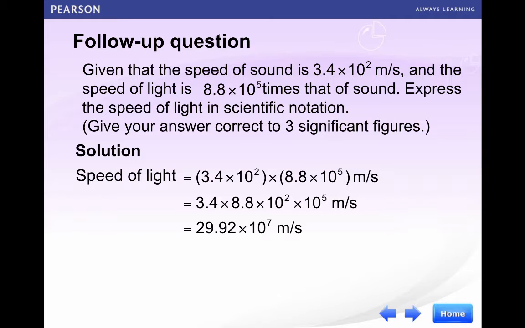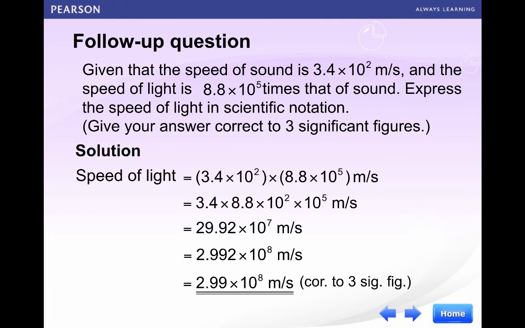So you get 29.92 times 10 to the power 7. We have to make it scientific notation, so we move the decimal point to the left by 1, and you get 2.992 times 10 to the power 8. The answer should be three significant figures, so we change it into 2.99 times 10 to the power 8 meters per second. And this answer is corrected to three significant figures.